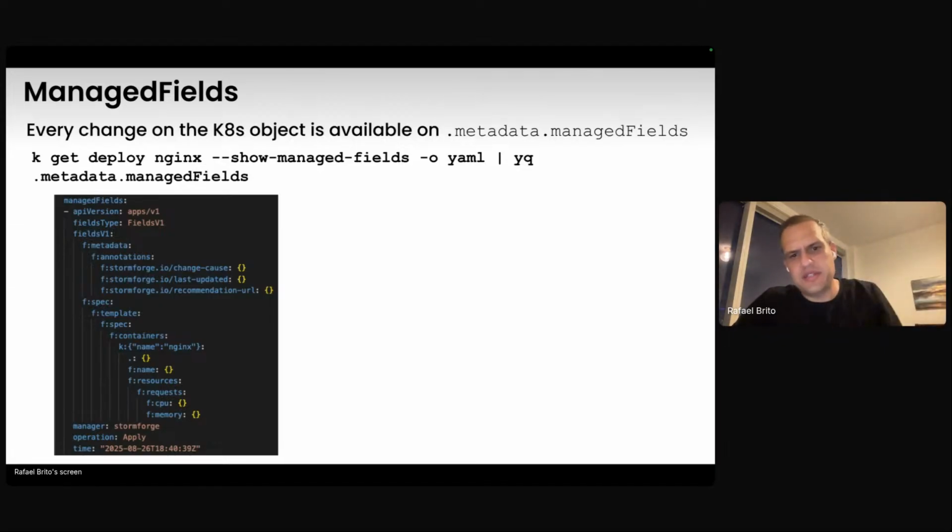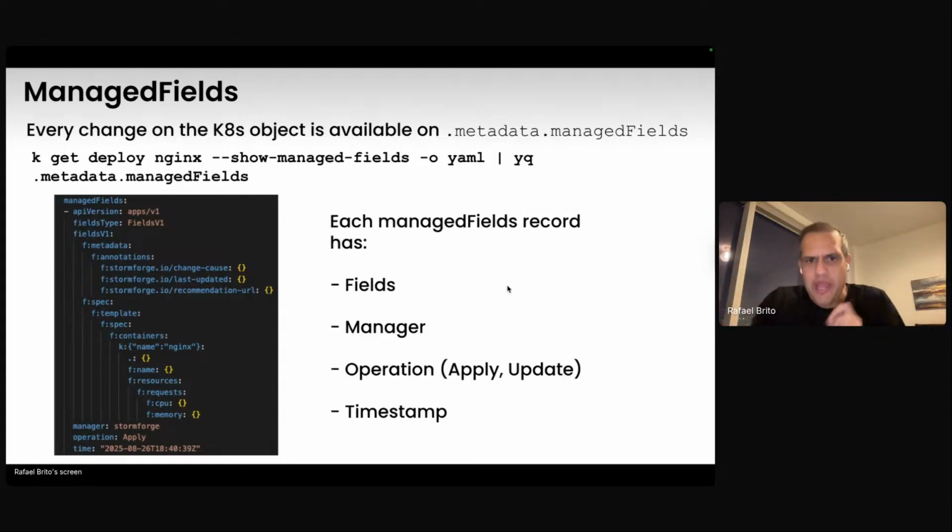It is a slice of changes of your object. In this screenshot, I'm just giving one entry, but you can have so many, depending on the number of actors changing your object. I'm giving here when StormForge, my company, applies a patch to manage just the field of resources, in this case requests, and put in some annotations.